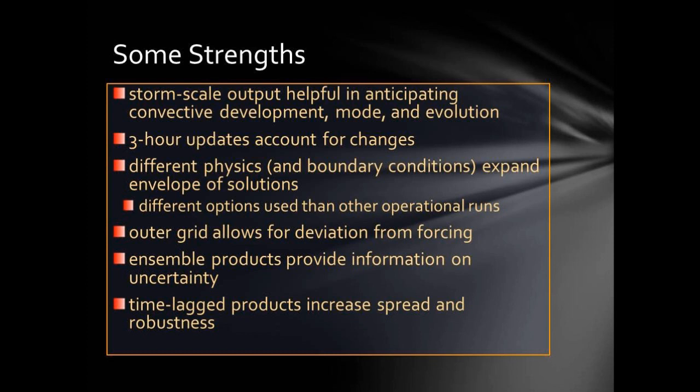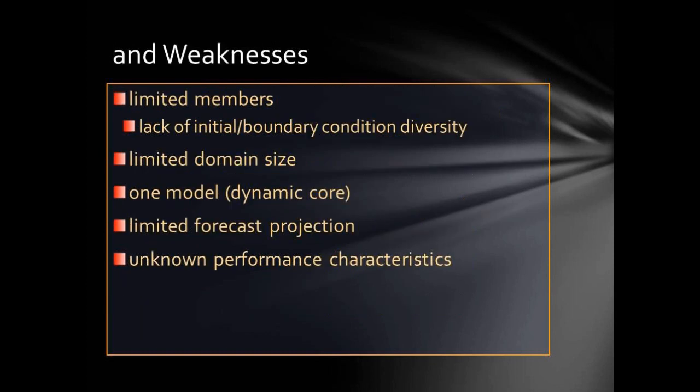Maybe another one is really good at it and does too much of it in the other direction, but blending those things together maybe gives you a better overall idea of how things might evolve. And then having the time-lagged options allows you to see how things are changing, maybe increases your confidence, things like that.